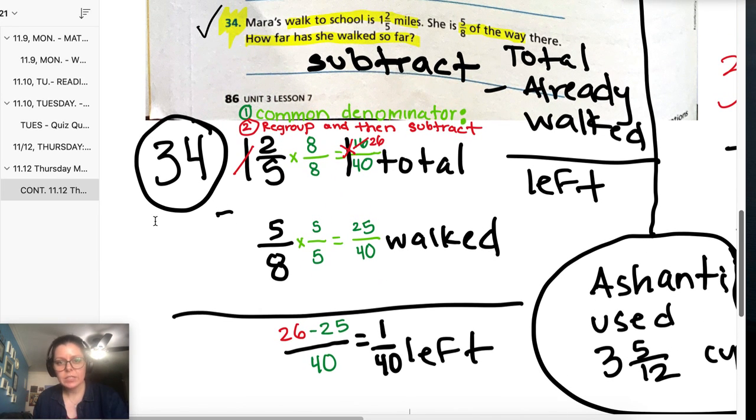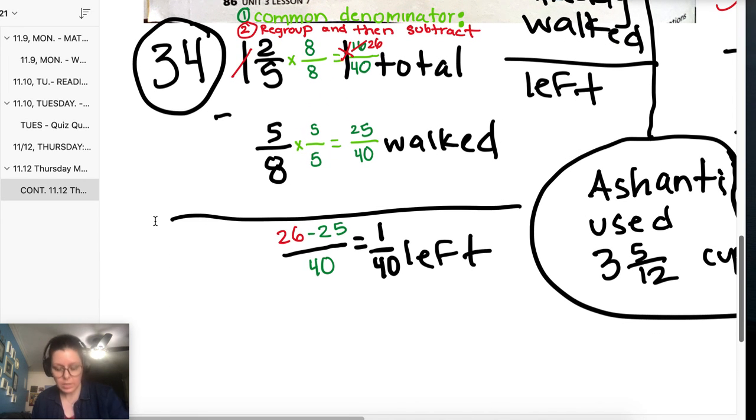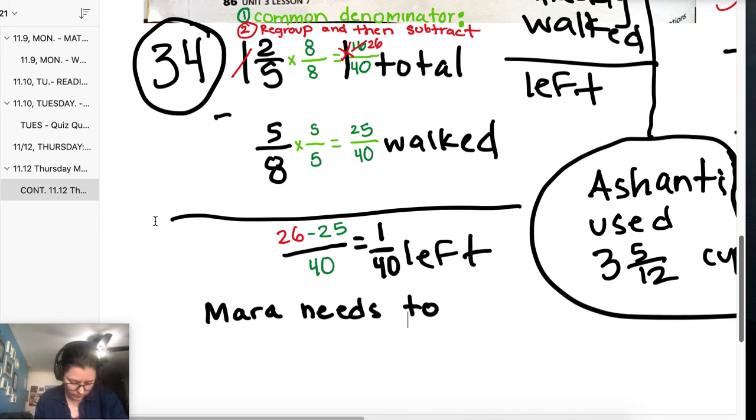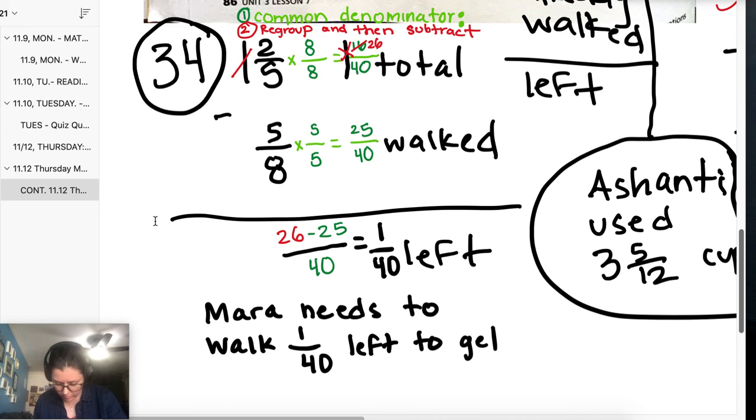So the question asked, how far does Mara have left to walk? So I am going to answer the question in a sentence. I showed all of my work. I labeled it. So now I'm going to answer my question in a sentence. Mara needs to walk 1/40 left to get to school.